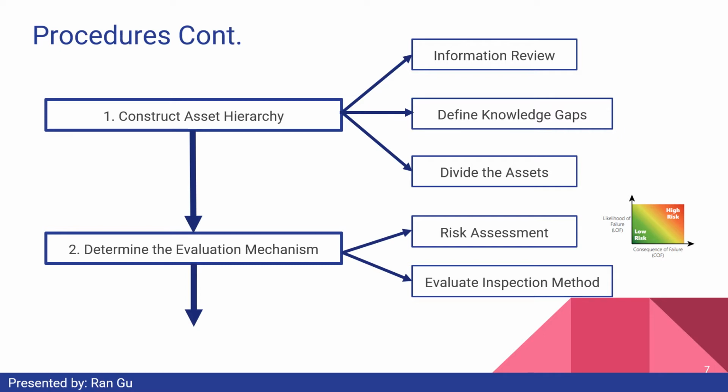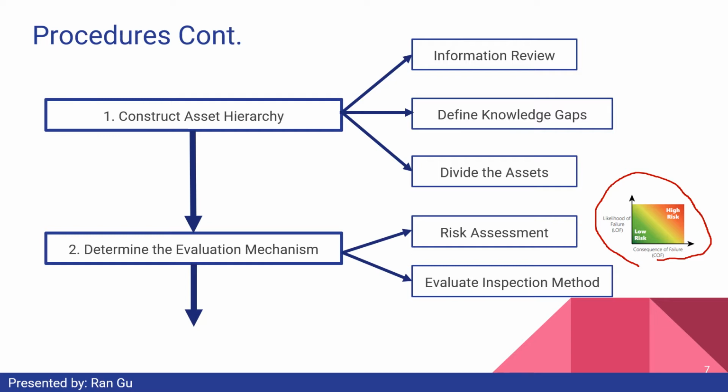Since every failure is unique, one effective way to define the risk is to build a matrix of the consequence of failure and the probability of failure. As a result, the risk assessment will provide ideas of which components to inspect.